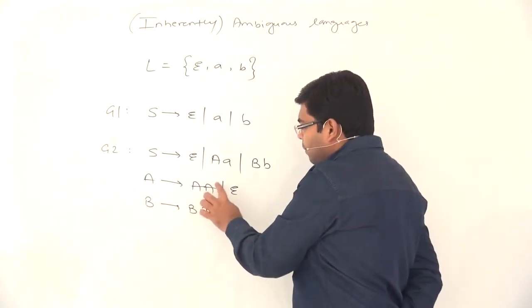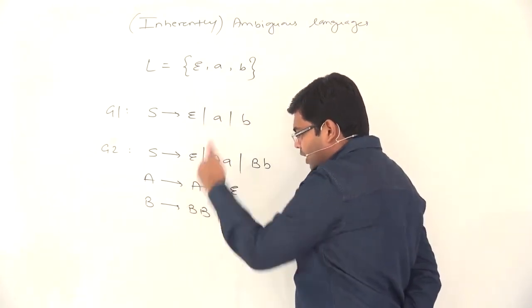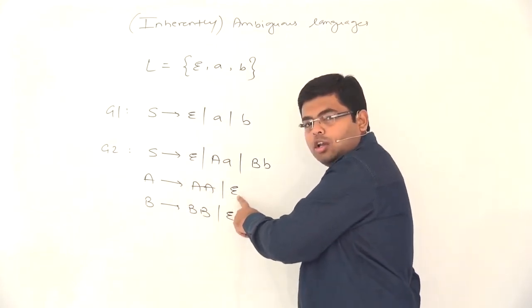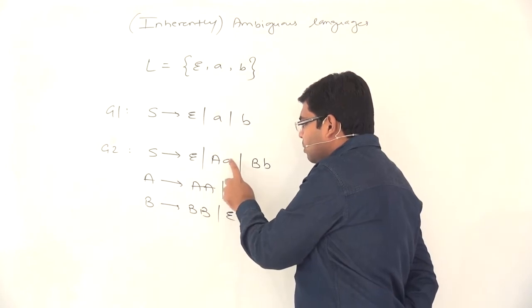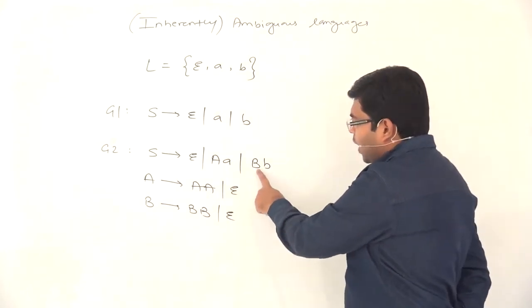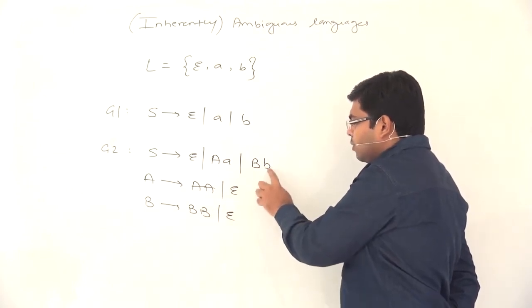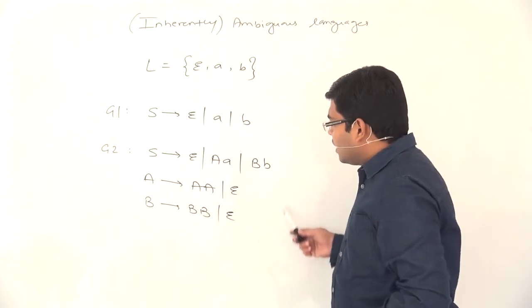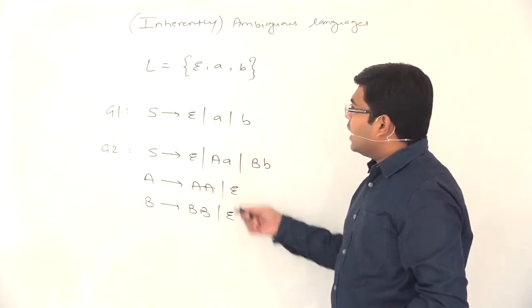So whatever number of variable A you generate in the derivation, ultimately all the capital A will be replaced by epsilon and the only terminal left will be small a. Similarly here, whatever number of capital B you generate, ultimately you will be left with only small b, and that's why the language generated by this grammar can be called L.